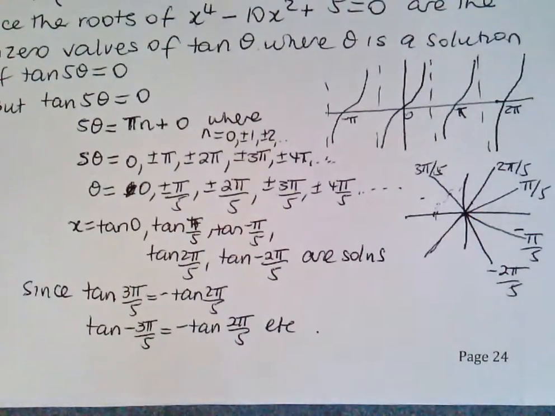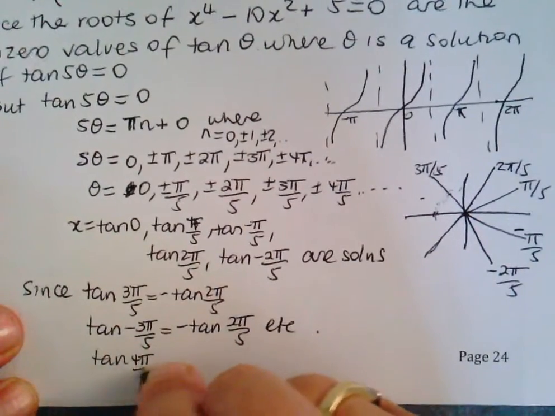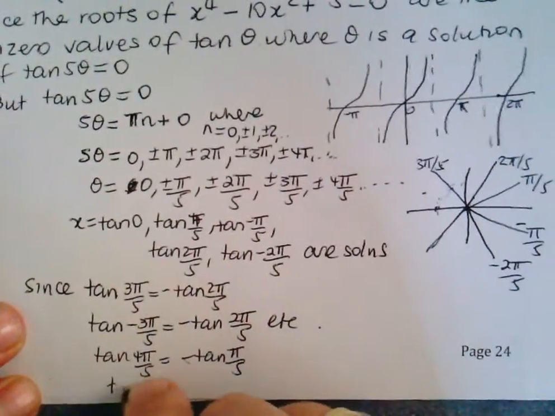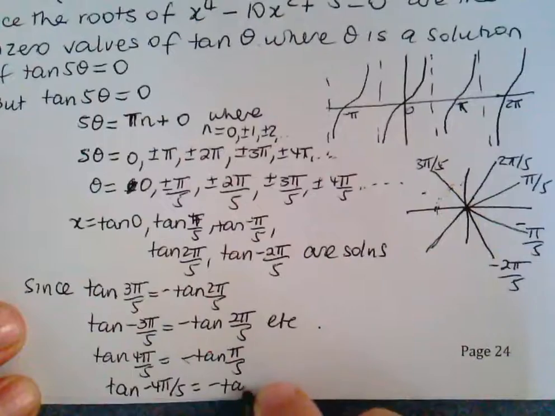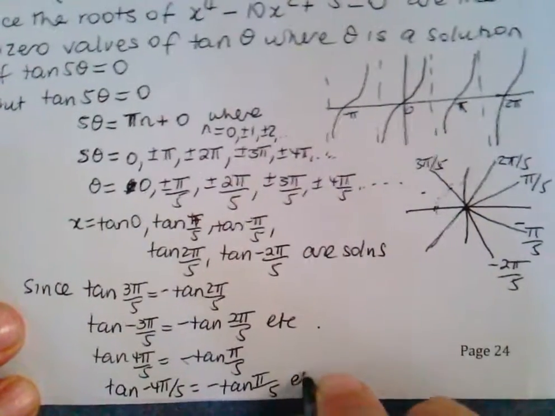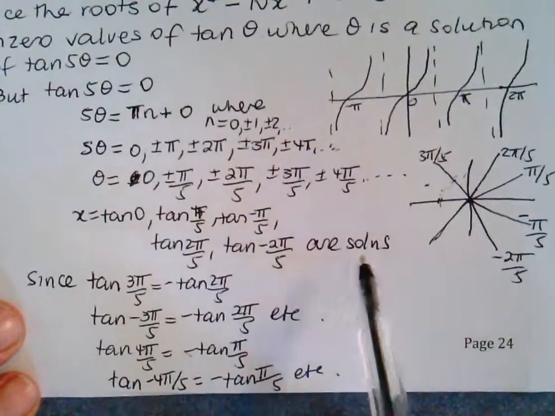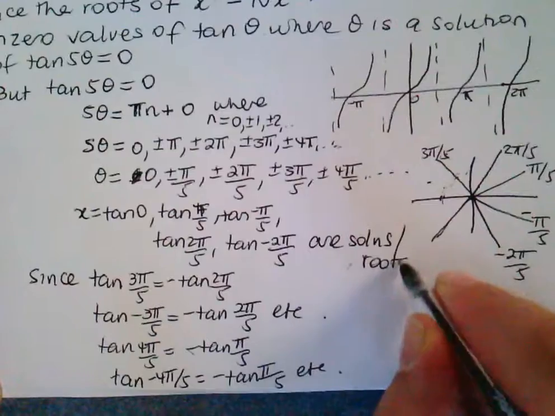All those other roots are double ups as well. Tan of 4 pi on 5 is negative tan of pi on 5, and tan of negative 4 pi on 5 is also negative tan of pi on 5, etc. So these are your roots. Solutions, roots to your equation.